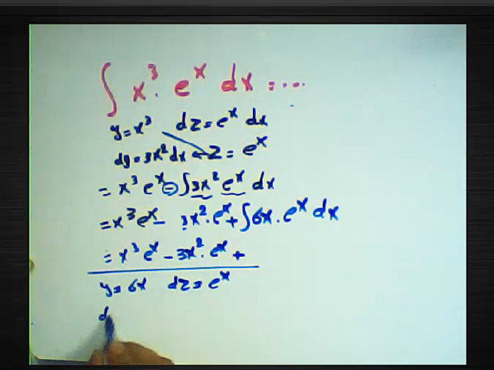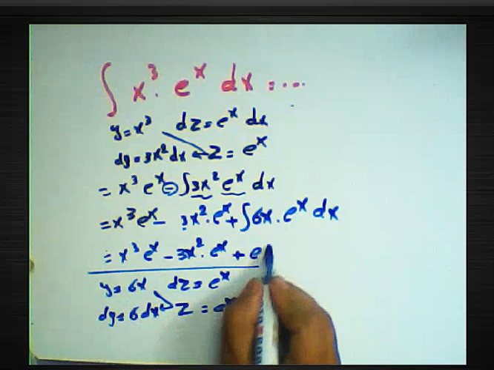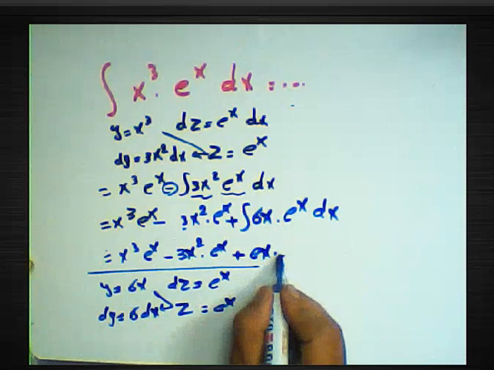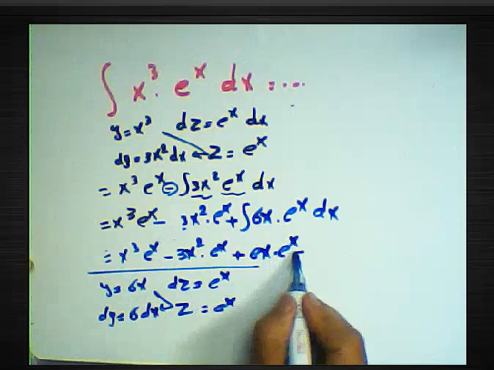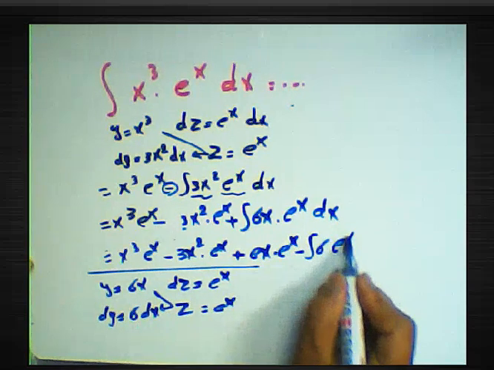Okay, and the derivative of y equals 6 dx, and the integration of this function will be e^x, and using the rule, 6x multiplied by e^x, and subtract the integration of this function 6 e^x dx.